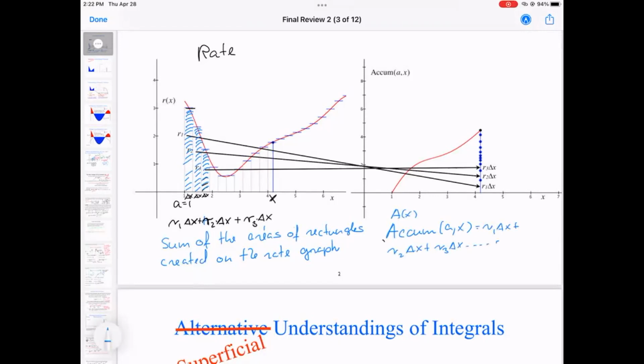That's the net change in the function value, the approximate net change from A to x. How much the car traveled from the initial time to the final time.